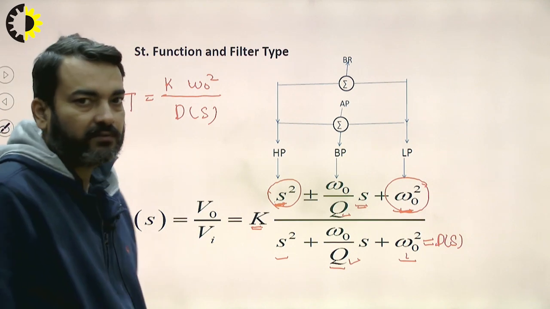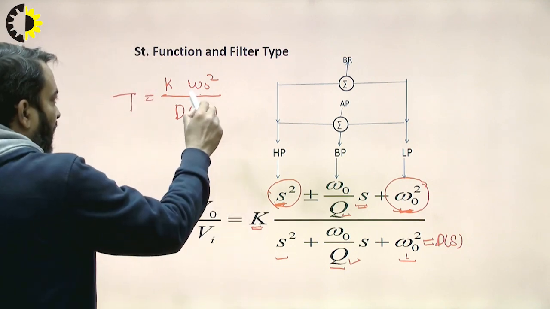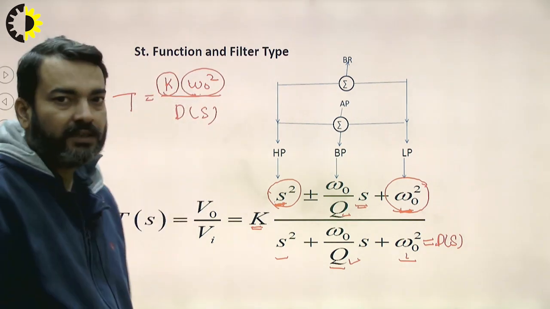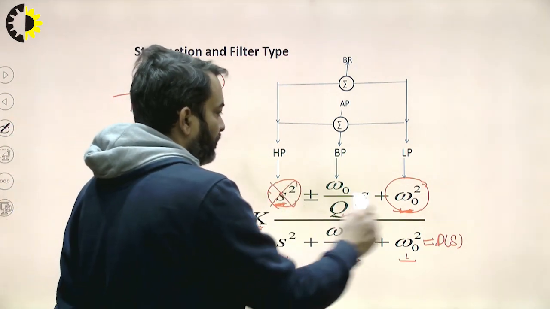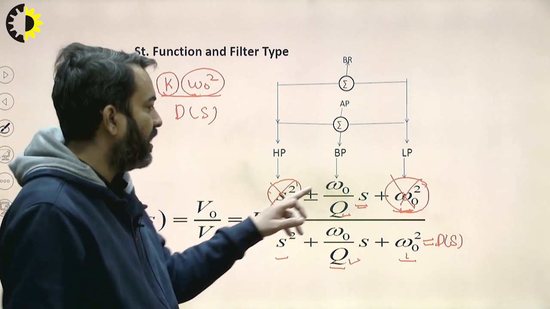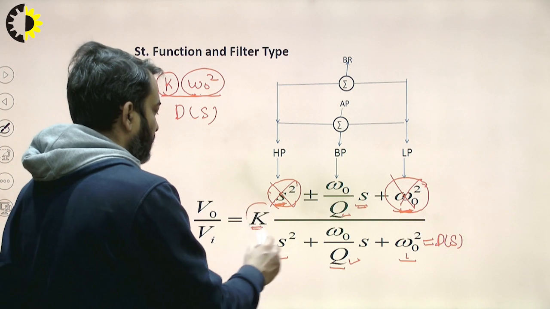This is the transfer function. So the coefficient of omega naught square will be the gain. In the same way, if it is a band pass, these two terms will not be present. In that particular case, the coefficient of omega naught by Q s will be the gain.